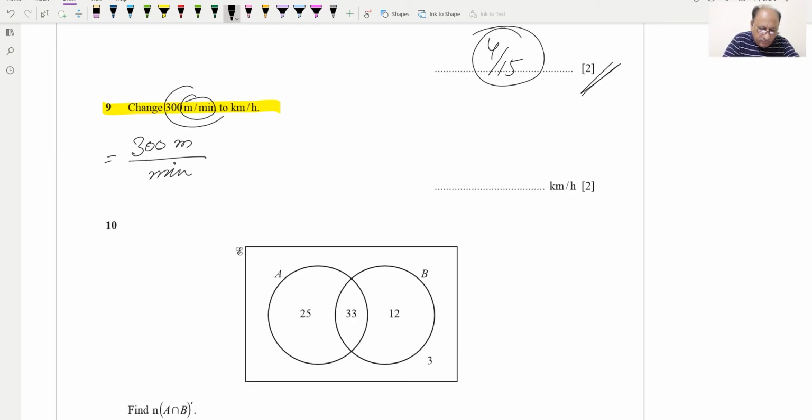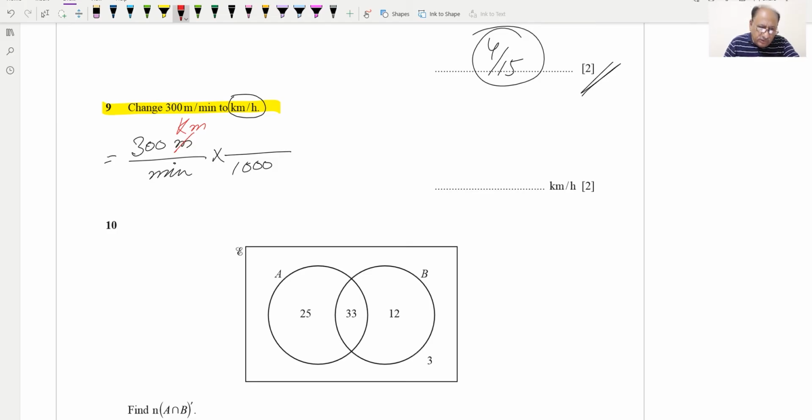This is the given information which we have written. Now we have to change meters into kilometers, and to change meter into kilometer, we will divide by 1000, and now this is changed to kilometers.